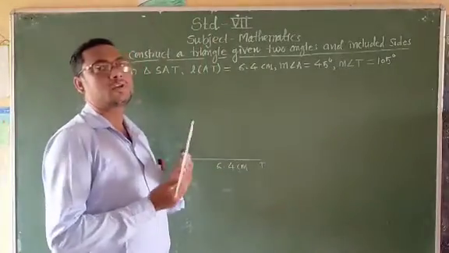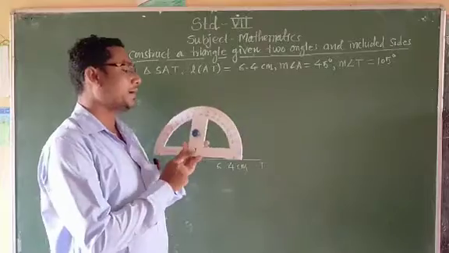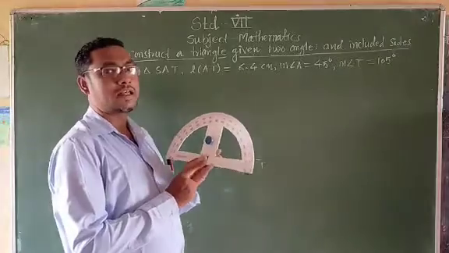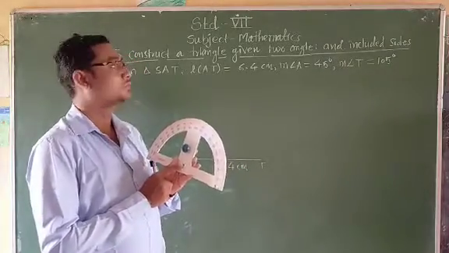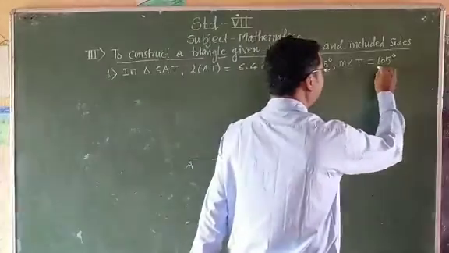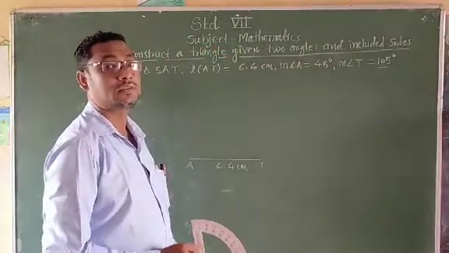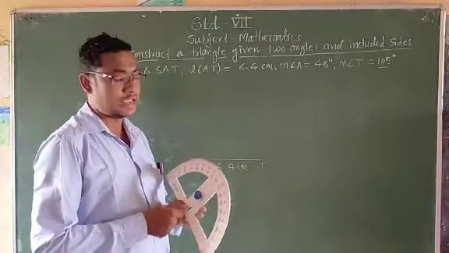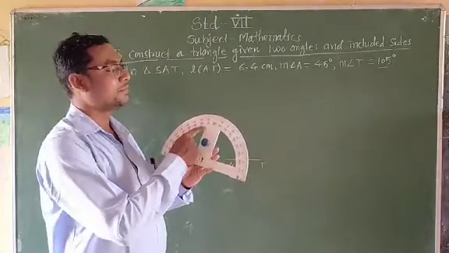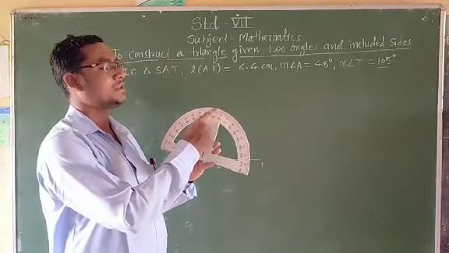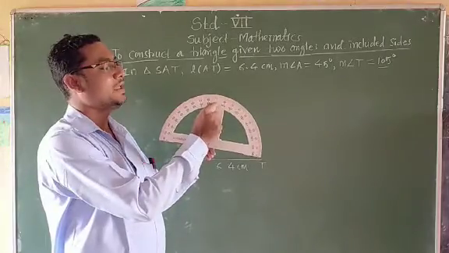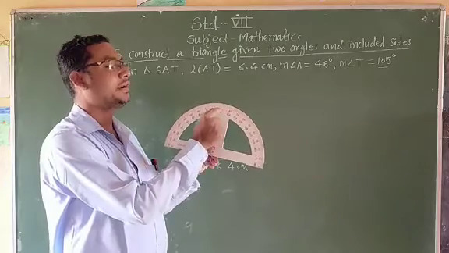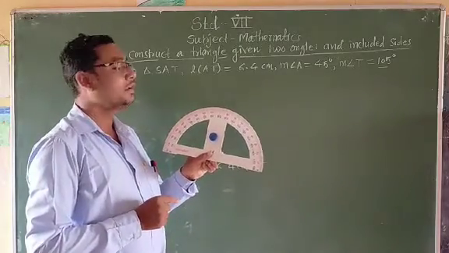So we have to use a protractor. आपल्याला प्रोट्रॅक्टरच्या सहाय्याने अँगल काढायचा आहे. तो अँगल काढत असताना तुम्ही चुका करता. बघा 105 डिग्री आहे, हा ऑब्टूस अँगल आहे. ऑब्टूस अँगल आहे म्हणजे मोर दॅन 90 डिग्री. काही विद्यार्थी काय करतात? ते 105 ऐवजी it is less than 90 degree, it is 85 घेतात.